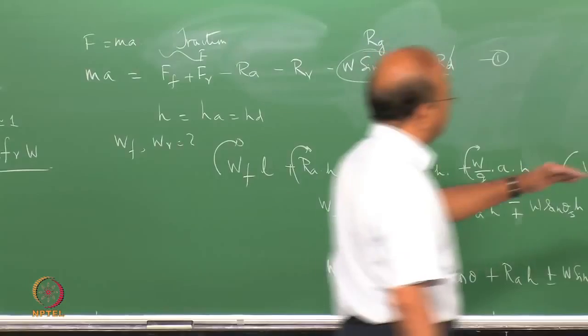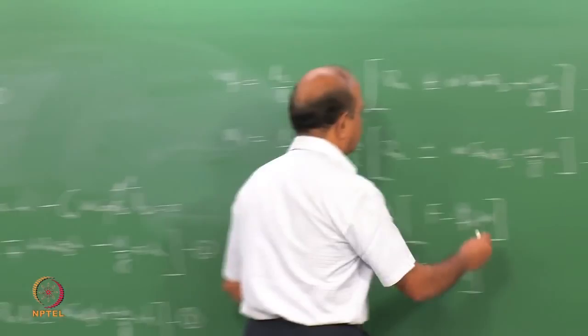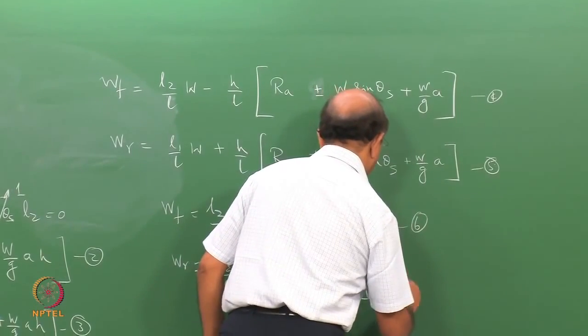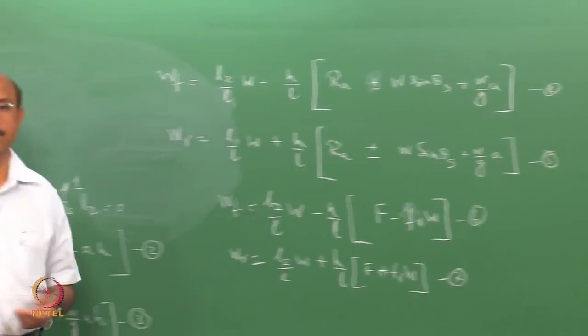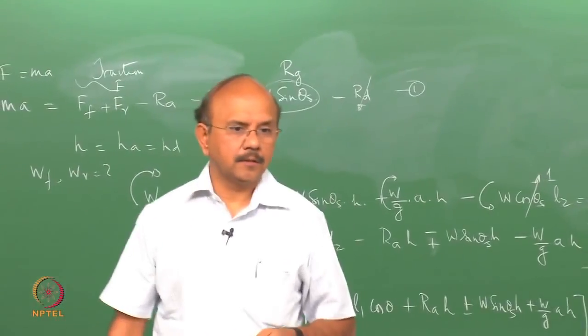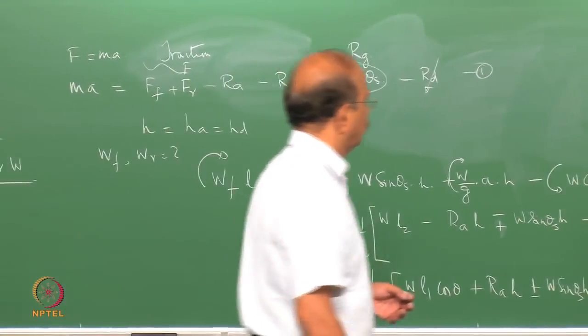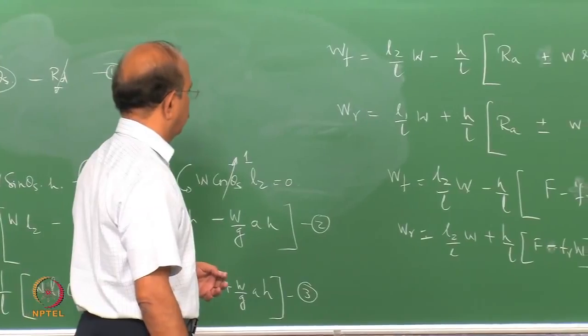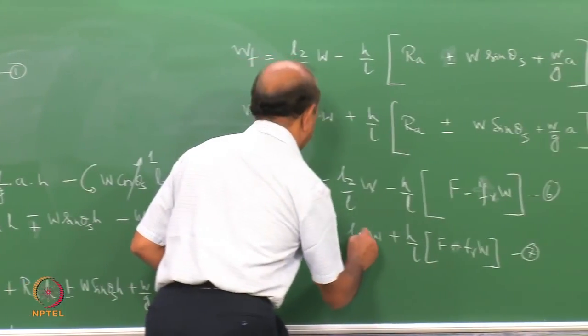Obviously, when I add these 2 equations, 6 and 7, or 5 and 6, you would notice L1 by L there in WR.